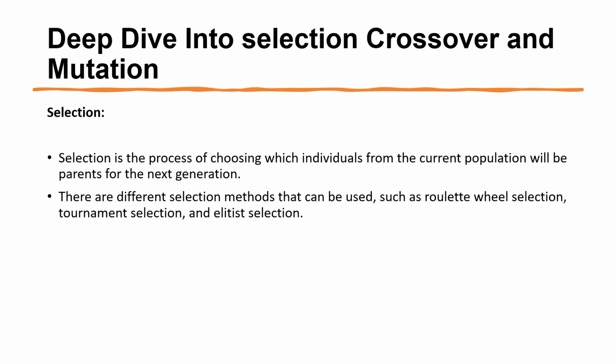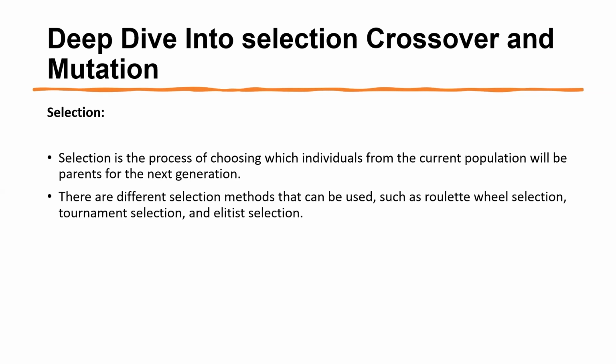The kind of selection method you use, the kinds of crossover methods you use, and the kinds of mutation methods you use have a greater impact on the result you get.